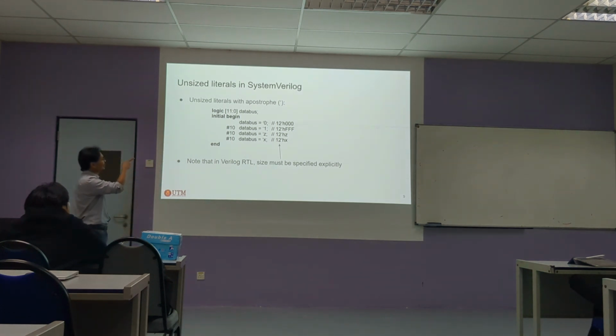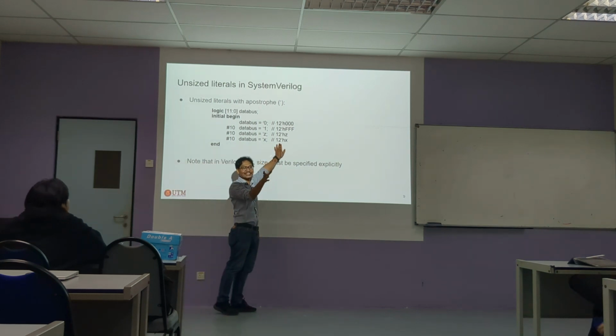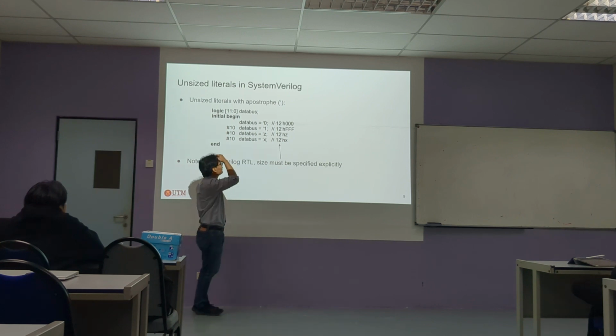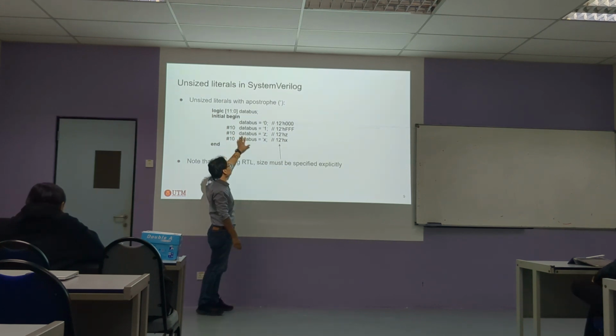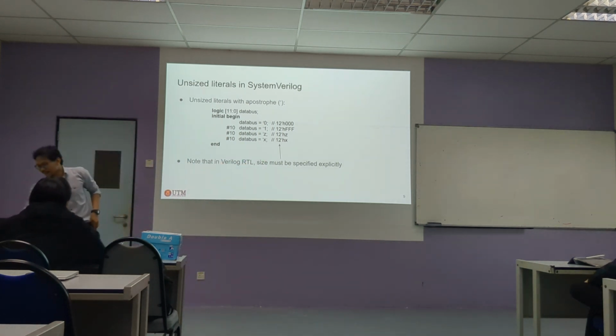I change to 32-bit there, run, error. Well, maybe not error, maybe only the 12 bits I changed are set to 0, and the remaining bits are maybe random. Or maybe it gives an error. So in SystemVerilog, we change the bit width to 32, it doesn't matter, it will initialize correctly. So that's another interesting feature.